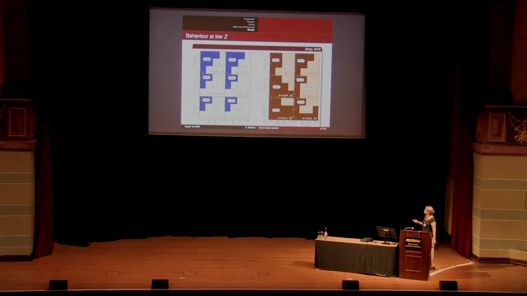I show you here two plots that we made with Hangfeng Song last year, which we have published. We have modified our code so we can follow the tidal interaction inside the star, the tidal interaction that would be triggered by a companion.